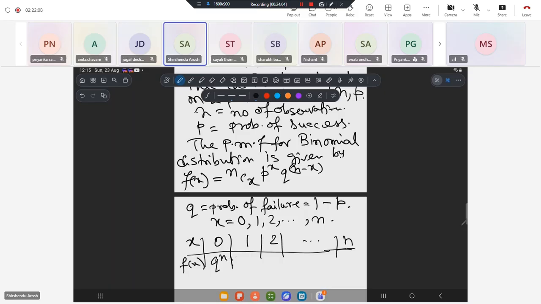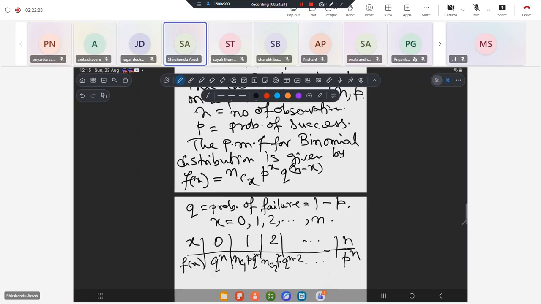nC1 p to the power 1 q to the power n minus 1, nC2 p to the power 2 q to the power n minus 2, and so on. Finally, it will end up with p to the power n.